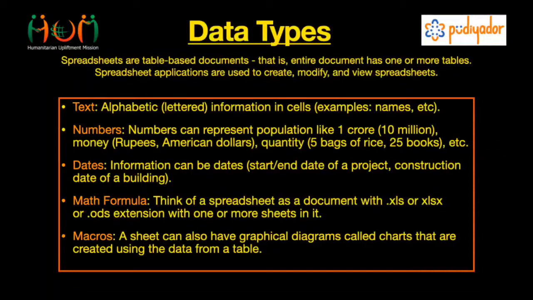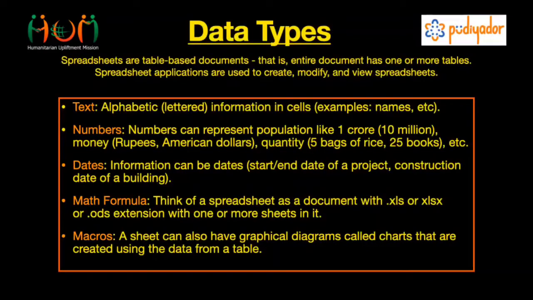Then you can actually have a mathematical formula. There can be very simple arithmetic formulas like a summation. How do you add 10 numbers? How do you add the numbers in 10 cells? How do you add the numbers in 100 cells? So having a formula to do that kind of summation, you can do division, you can do any arithmetic thing.